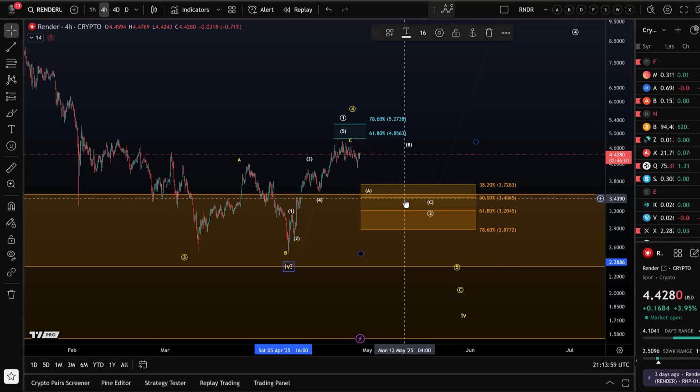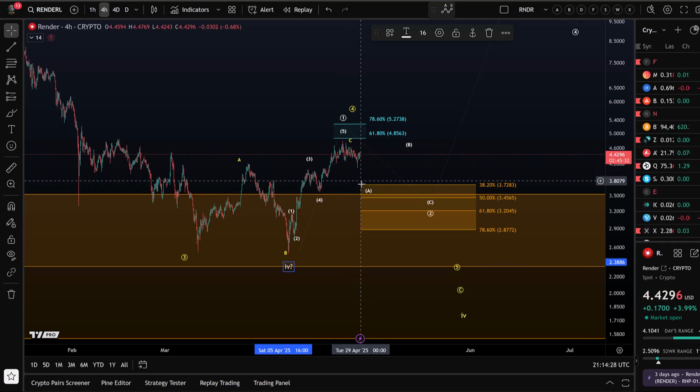As long as pullbacks remain corrective, they're forming higher lows, and they're holding above the 78.6 retracement, which is down there at $2.87, the overall focus can be on higher prices. So I see the pullback as a potential wave 2 correction. That is subject to change. It really depends on how the structure is looking. At the moment, there's just not enough there to work with.